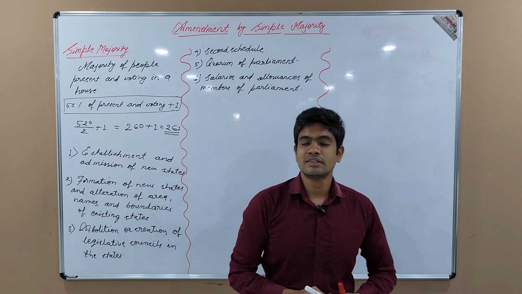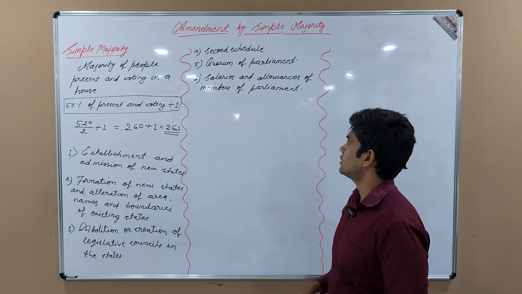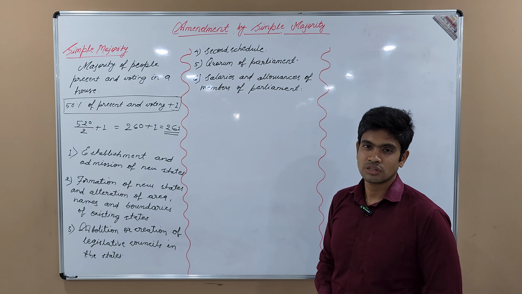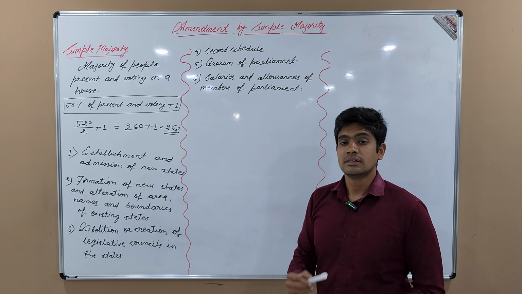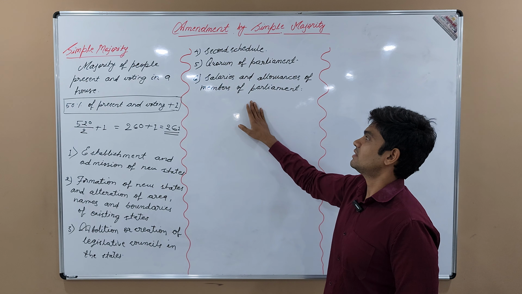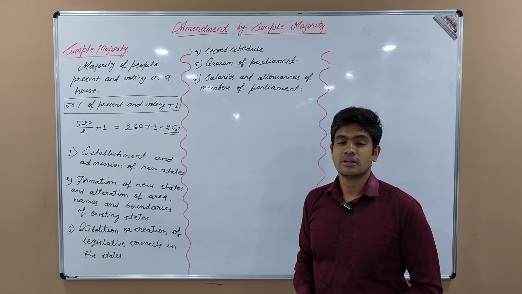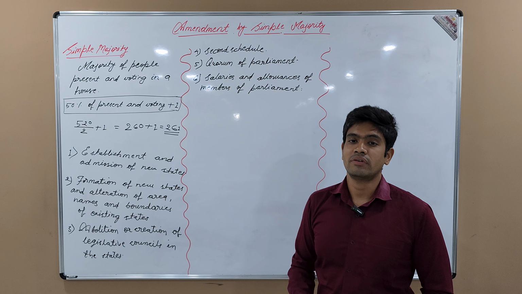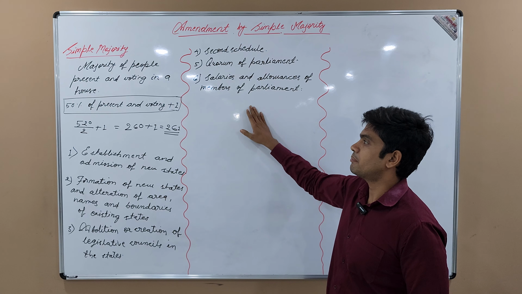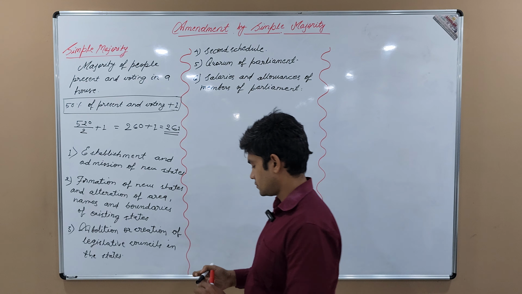Whenever any change has to be made in the salaries and allowances of the members of any house, it is decided again by the simple majority in each house. It's an irony that parliament has been provided with the power to determine its own salaries, but it is done by the simple majority.